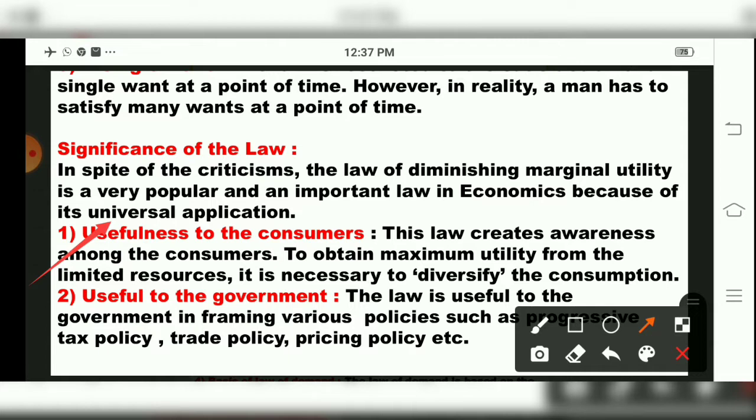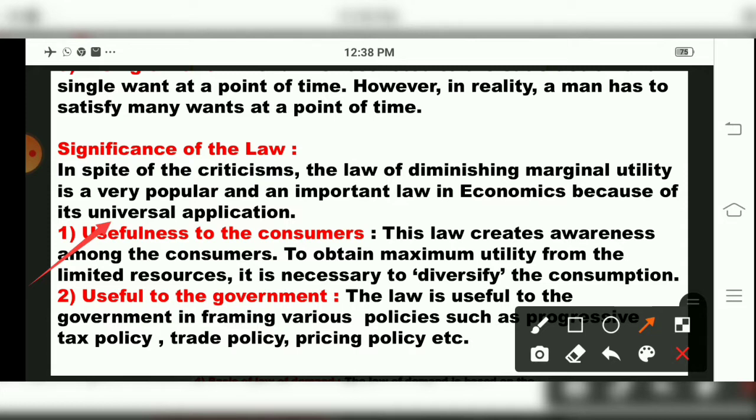Now this law creates what? It creates awareness among the consumers. So to obtain maximum utility from the limited resources, it is necessary to diversify the consumption. Means the first important significance of law of DMU is that it is very useful to the consumer. Now how?